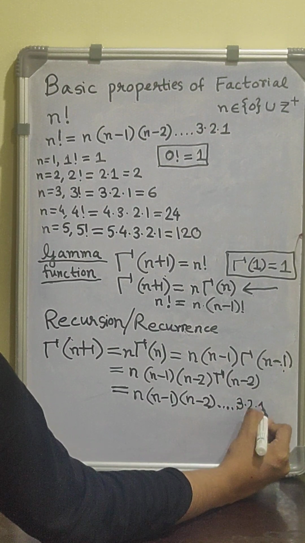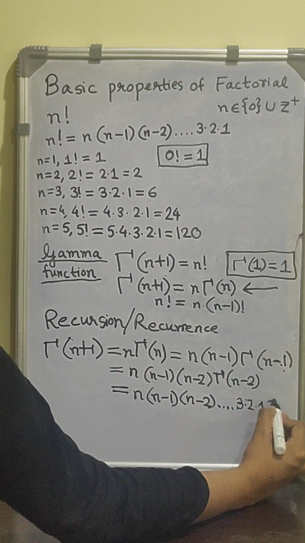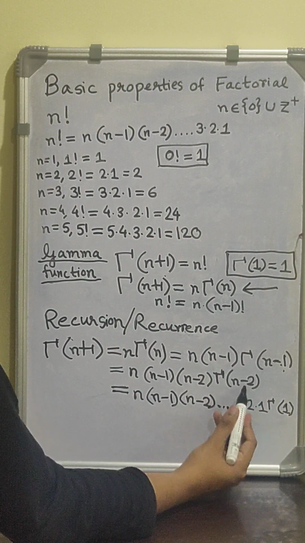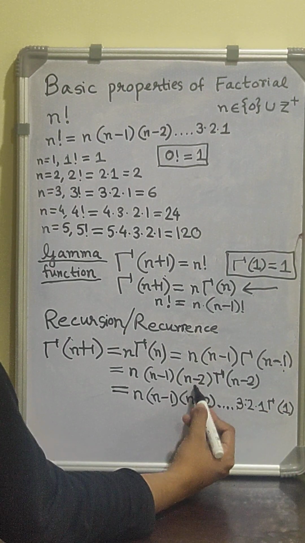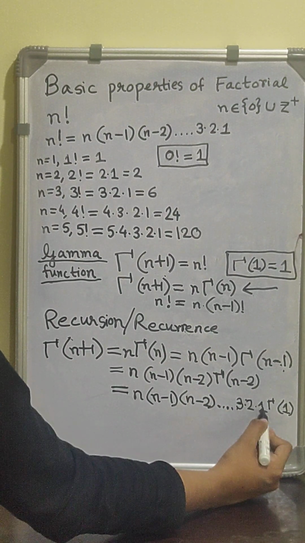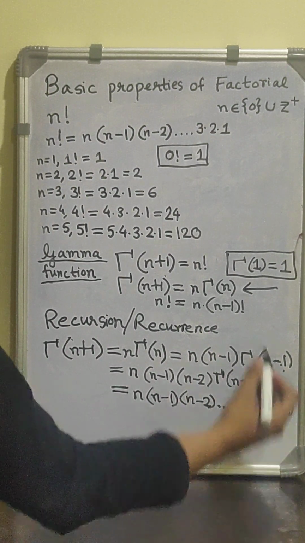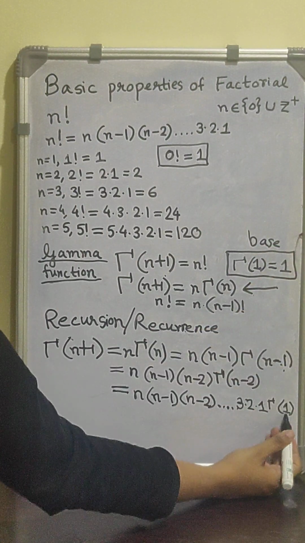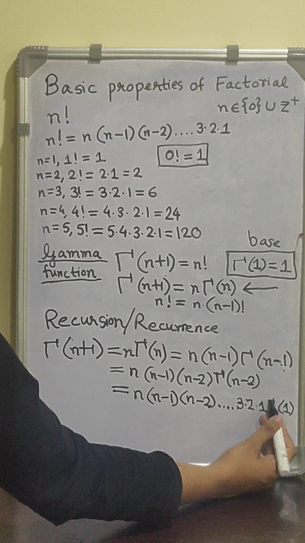So 3, 2, 1, and when you're going down to 1, you will get 1 into, like here we got n minus 2 into gamma of n minus 2. Ultimately, at some point, you will get 1 into gamma of 1. And that's why you needed this base condition, because you have to know gamma of 1.